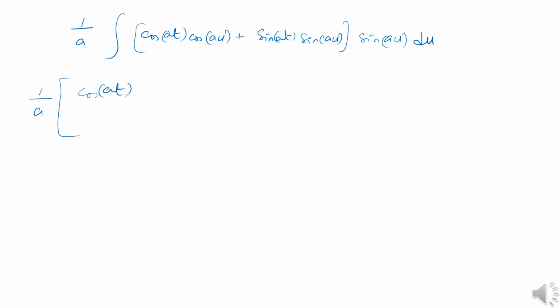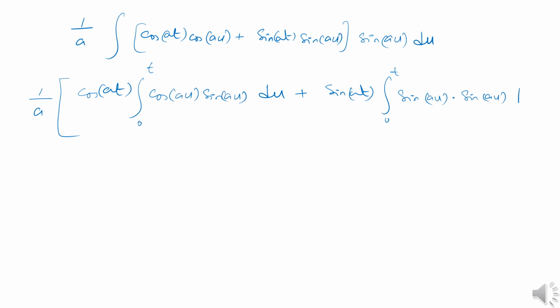So what I will be left with in the integral is 0 to t cos AU sine AU du, then plus I can put sine AT out, and I can write 0 to t sine AU multiplied by sine AU du.